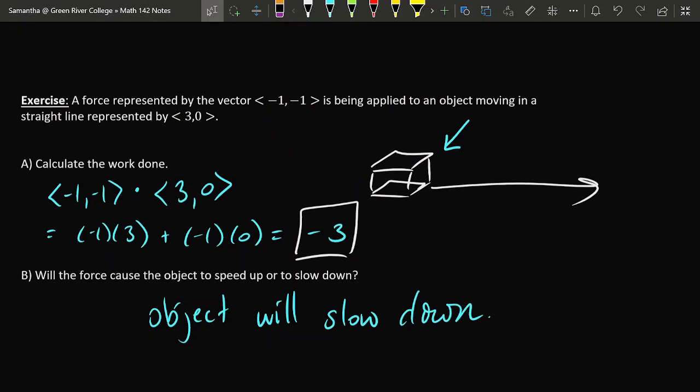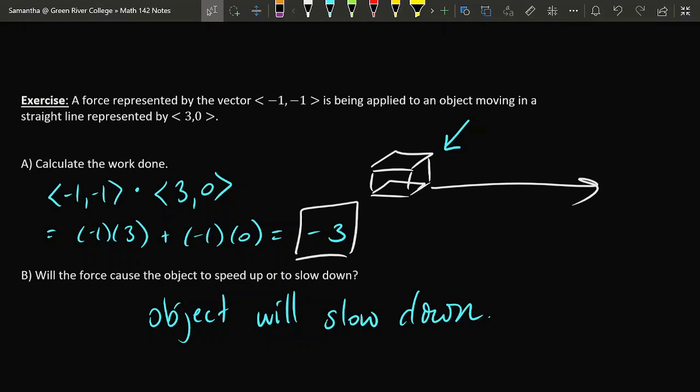Now this formula only works for objects which are moving in a straight line path, so that straight line movement can be represented by a vector, which is a straight arrow. But most of the time, objects don't move in straight lines. They move in curved paths.